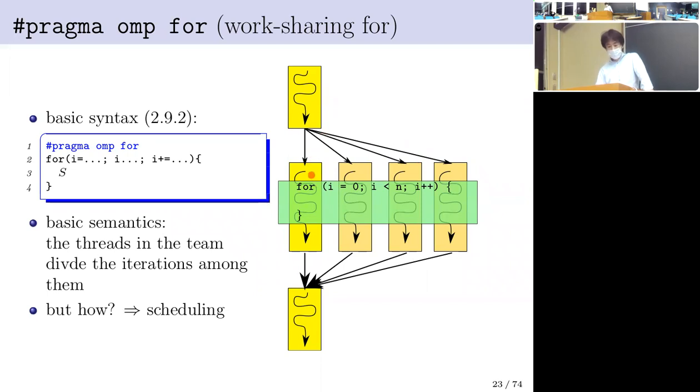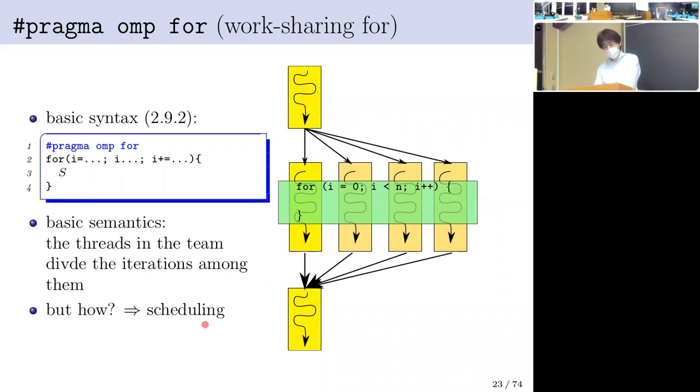When they encounter this for statement with this omp for, they divide the entire iteration space among these threads. So this is what omp for is. Like I said, simply the threads in the team divide the iterations among them.